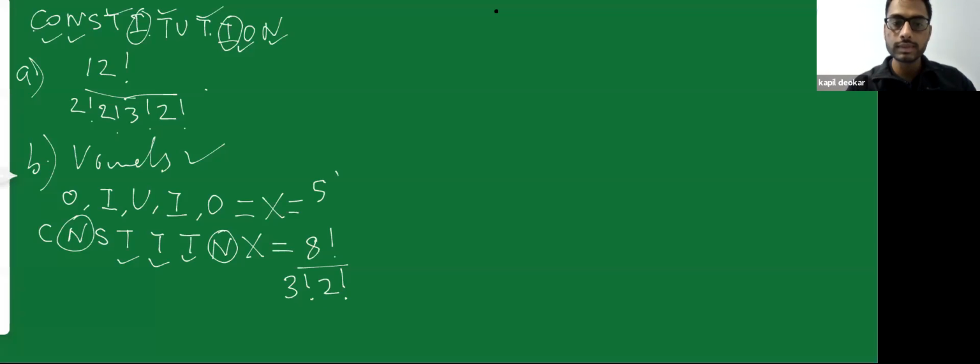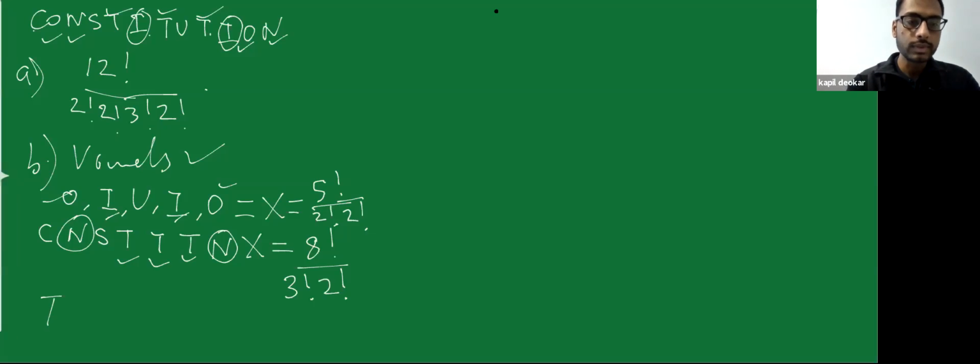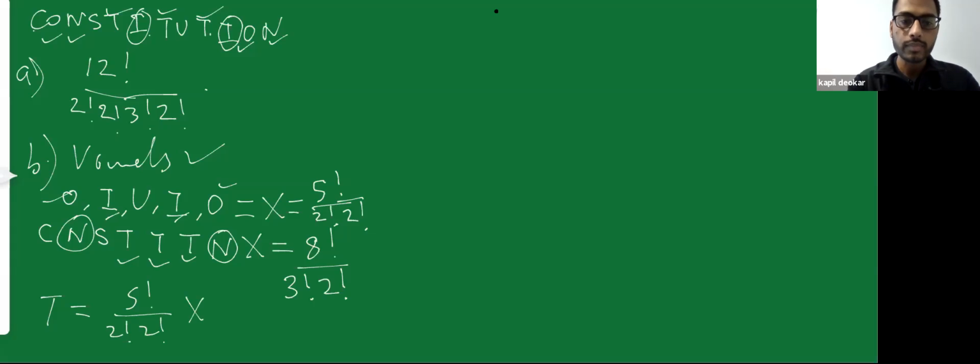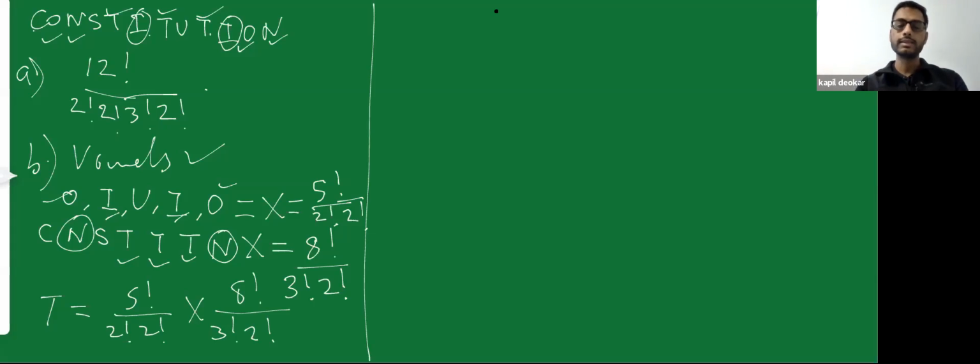My 5 vowels can be arranged in 5 factorial ways. But O is repeated twice, so I'll divide by 2 factorial. I is also repeated twice, so again I'll divide by 2 factorial. My total answer is this into this: 5 factorial by 2 factorial, 2 factorial, into 8 factorial by 3 factorial, 2 factorial. So this is my final answer.